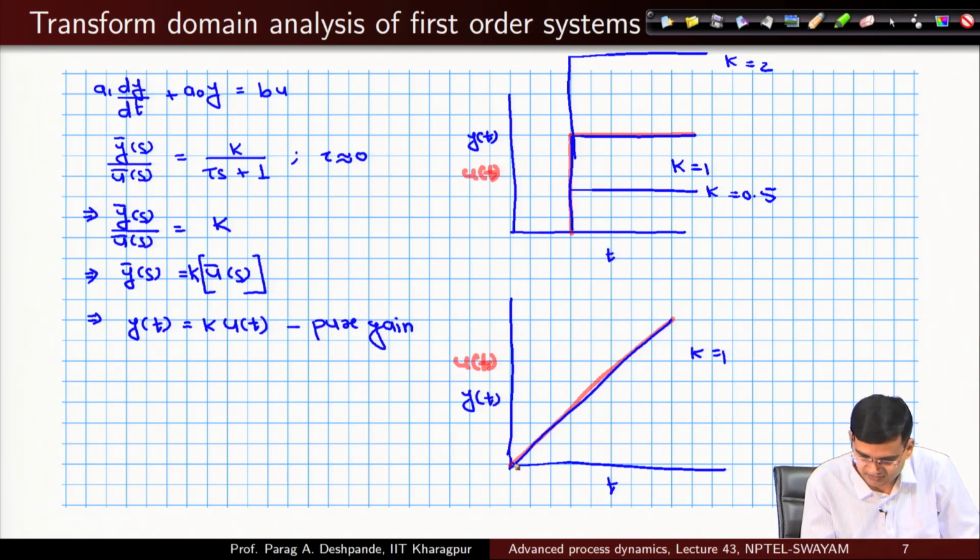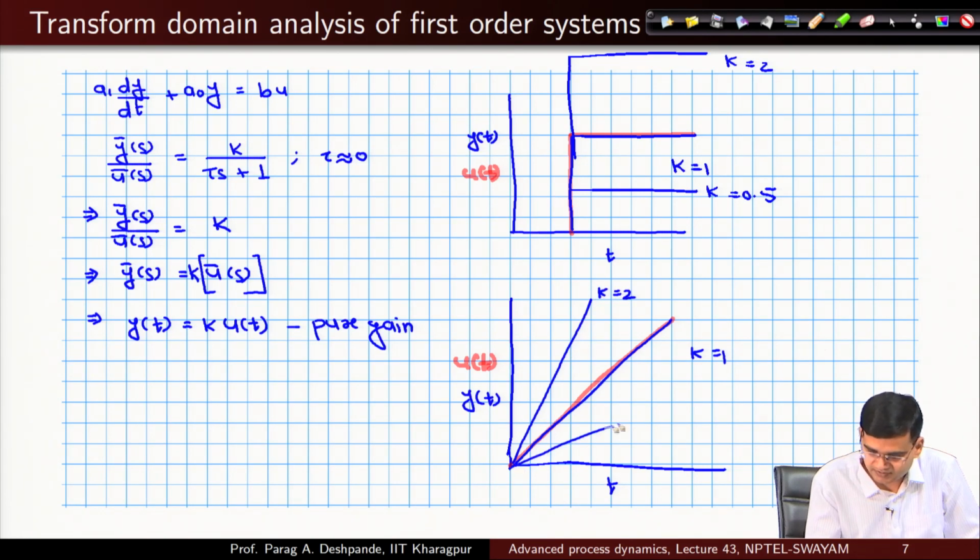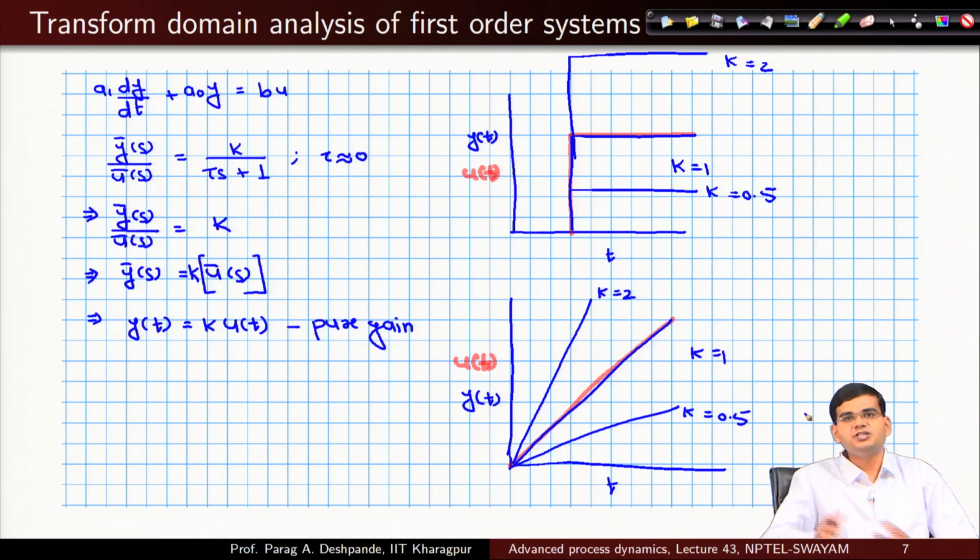Let me draw it, k is equal to 2, k is equal to 0.5. So, there is no lag between the forcing function and the response, and this happens when your time constant is very small, tau tends to 0.